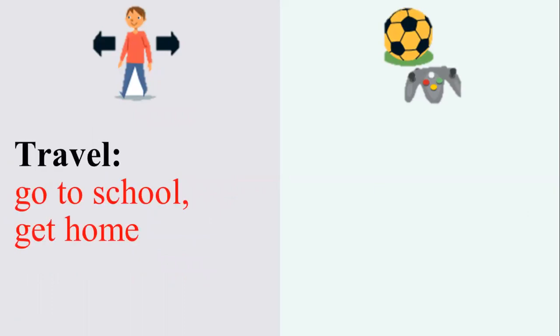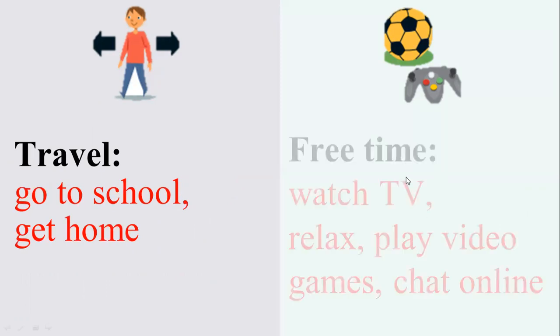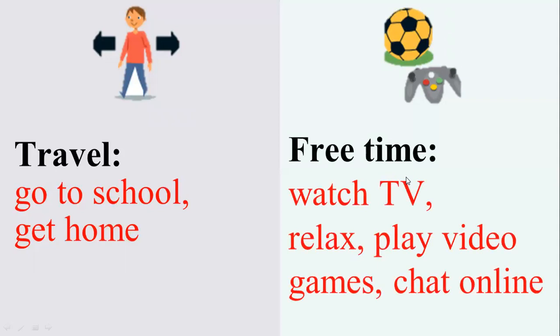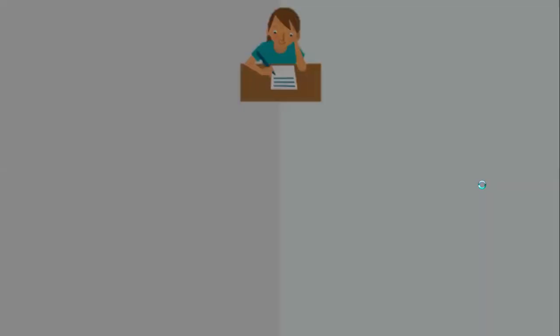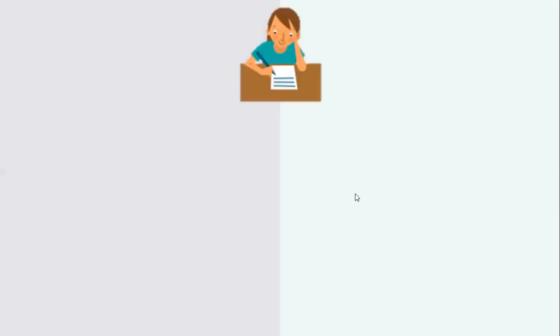That's right. Now, number 4. Who can tell me activity of number 4? Relax. That's correct. We have watch TV, relax, play video games, chat online. And the last one, activity 5, work and study.